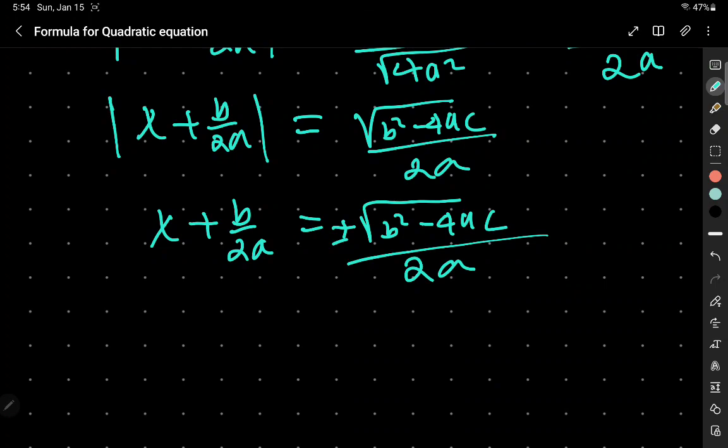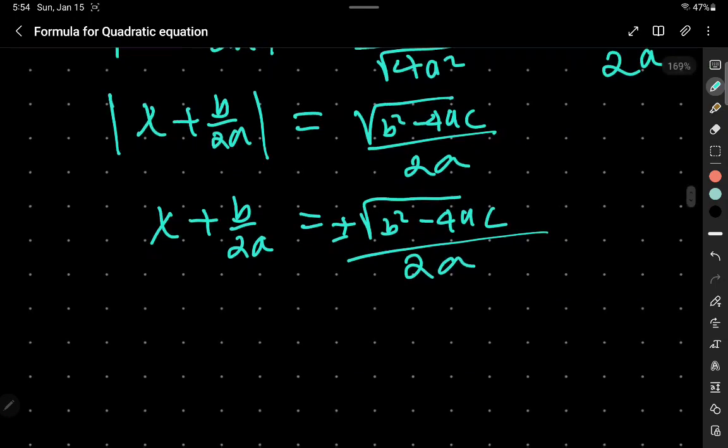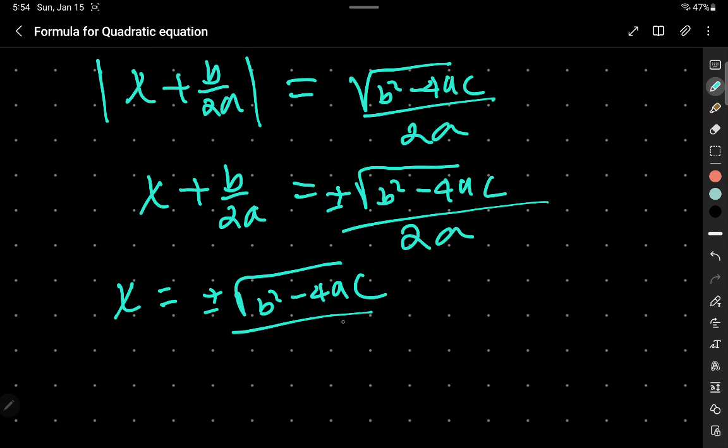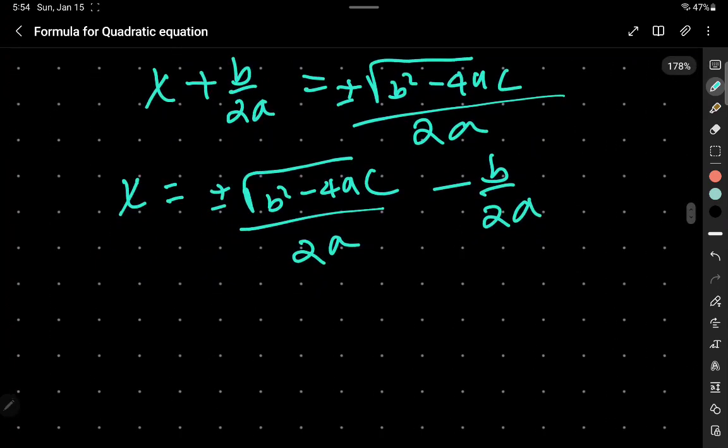We are going to subtract b over 2a from both sides, meaning when you take this one to this side, you're going to get plus or minus the square root of b squared minus 4ac over 2a minus b over 2a as the resulting expression.